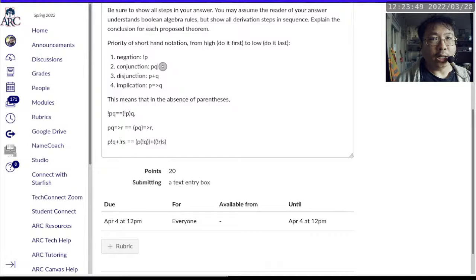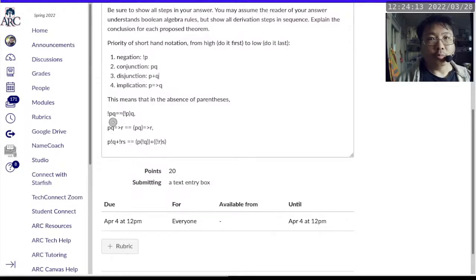And then we have conjunction, then disjunction, and then implication. Typically when we have disjunction and implication, I would use parentheses to make it very clear which one should be applied first. But in the absence of parentheses, we have these implied priorities of operators.